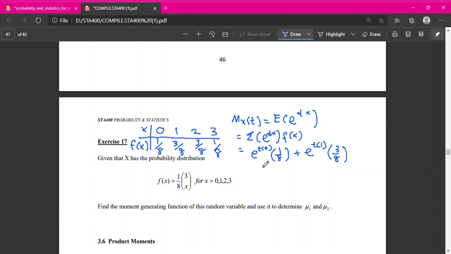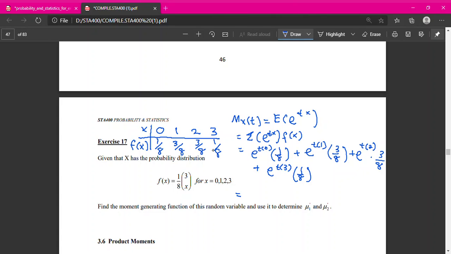Okay, yang ketiga, e power of t multiply 2 multiply 3 over 8. The last one, e^t multiply 3. Okay, then multiply 1 over 8.